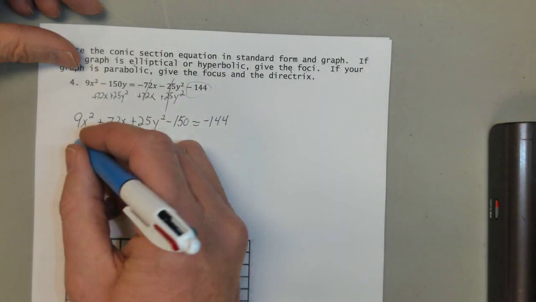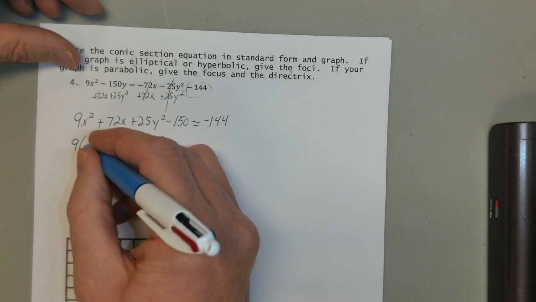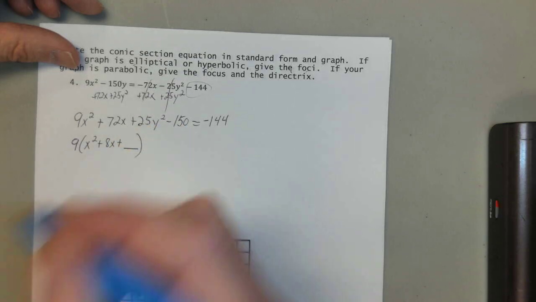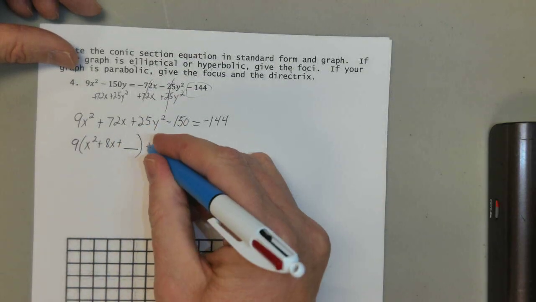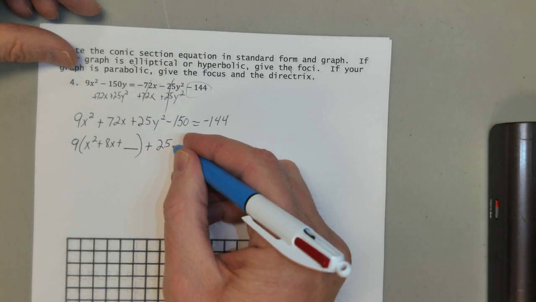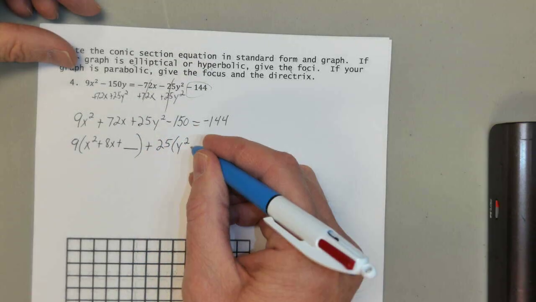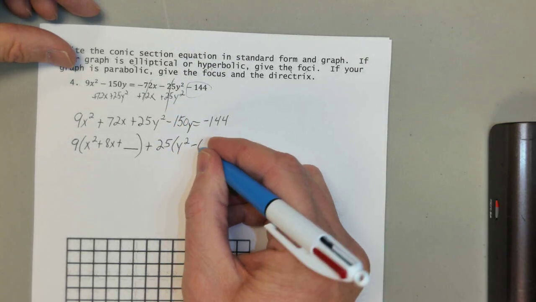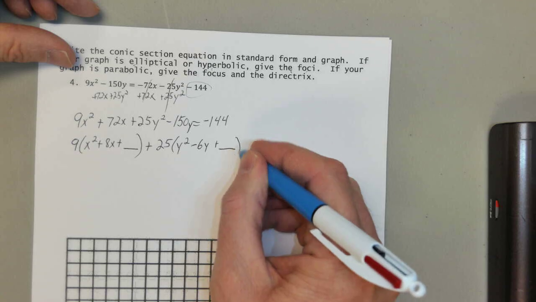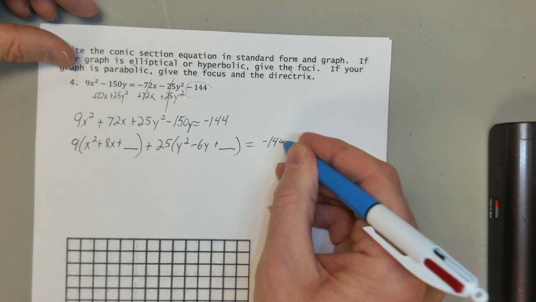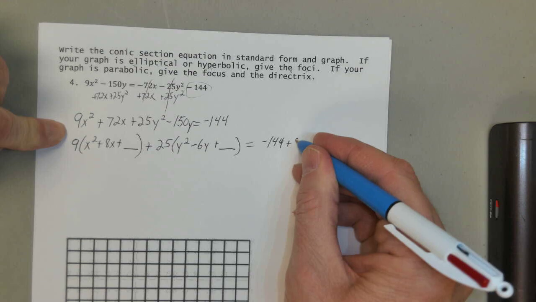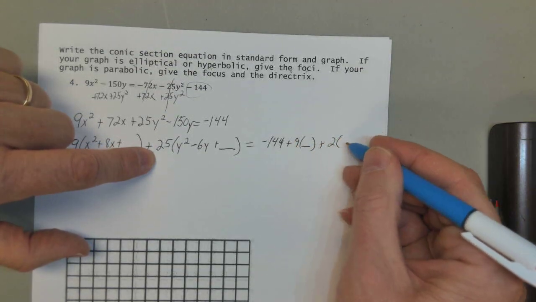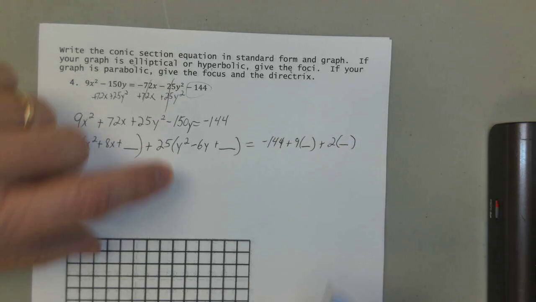I'm going to factor 9 out and get x squared plus 8x plus blank, so I'm going to complete the square, plus 25 times y squared minus 6y plus blank equals negative 144 plus 9 times blank plus 25 times blank.